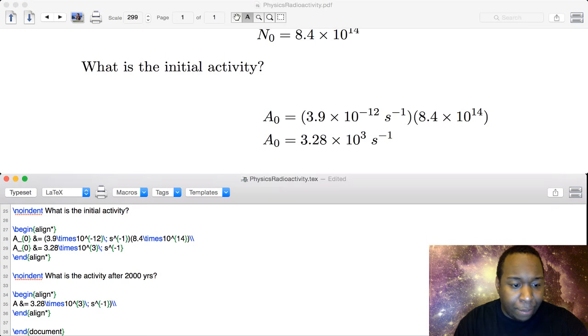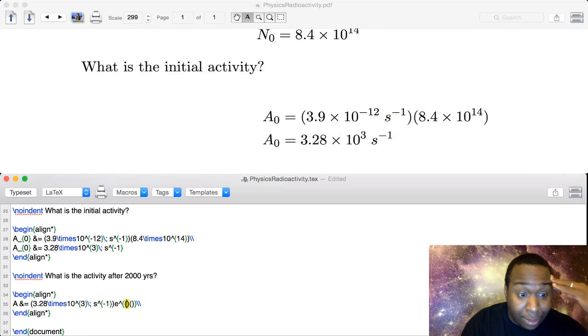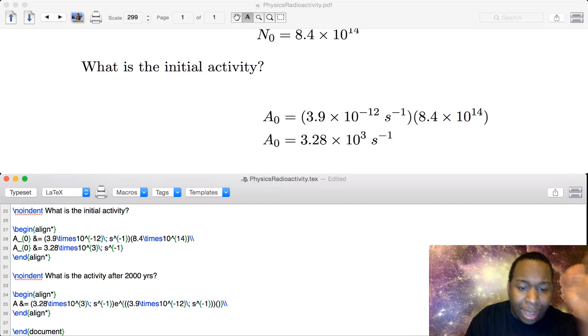I'll put this in parentheses, and we're multiplying this times e raised to our two values. We have the decay constant being one of them, which I can simply copy and paste: 3.9 times 10 to the negative 12 decays per second.